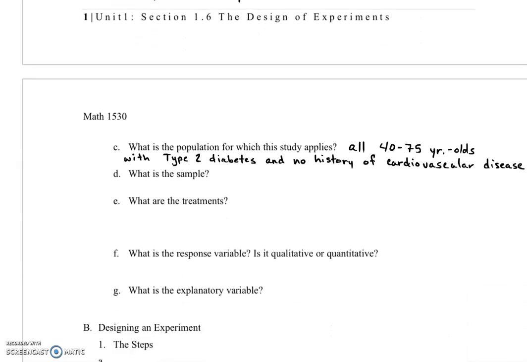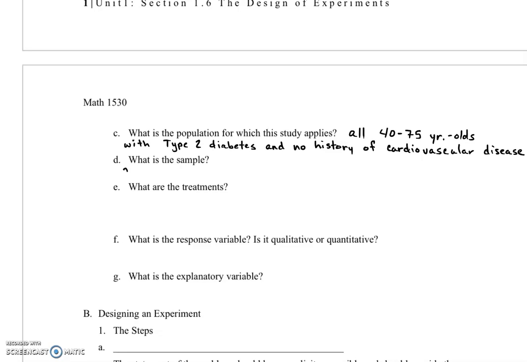So that's 2,838 people aged 40 to 75 with type 2 diabetes, and I'm going to abbreviate this by writing no heart disease instead of cardiovascular.